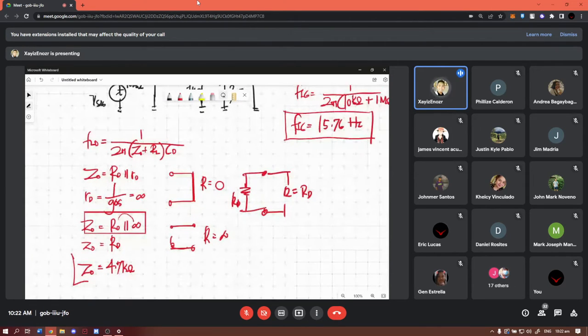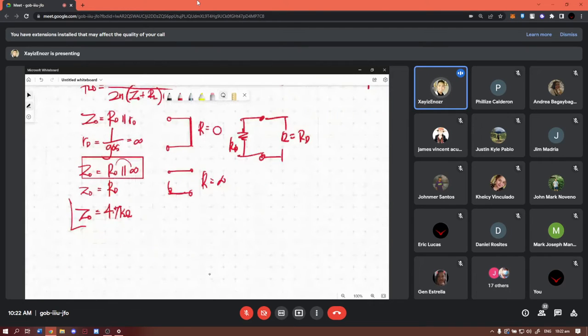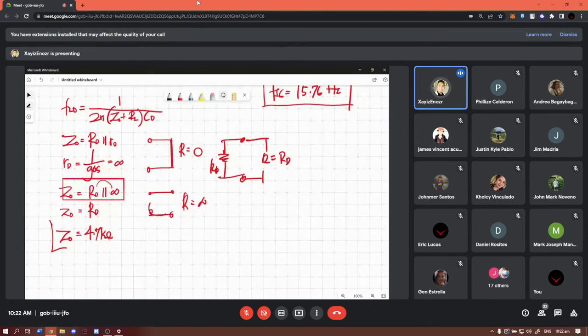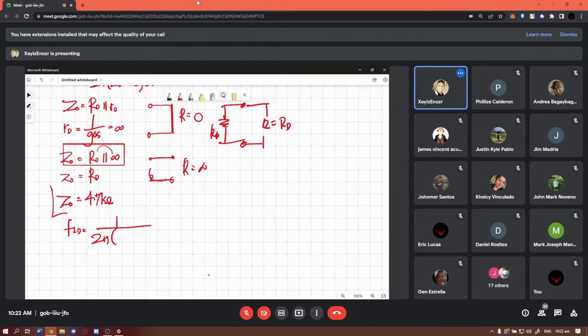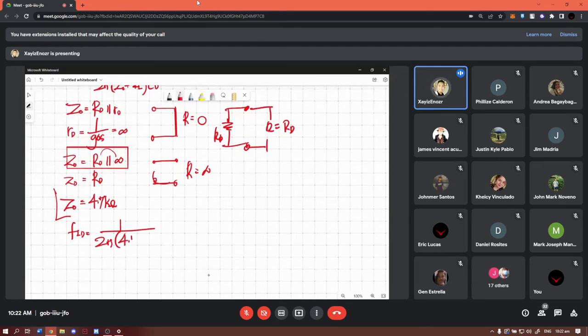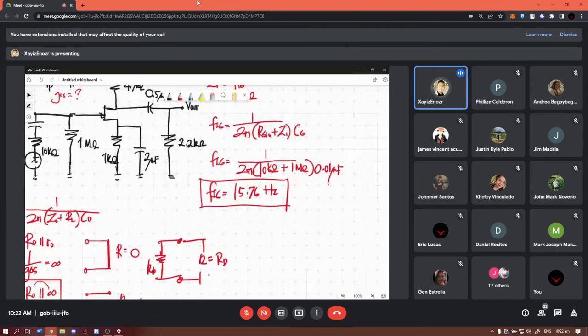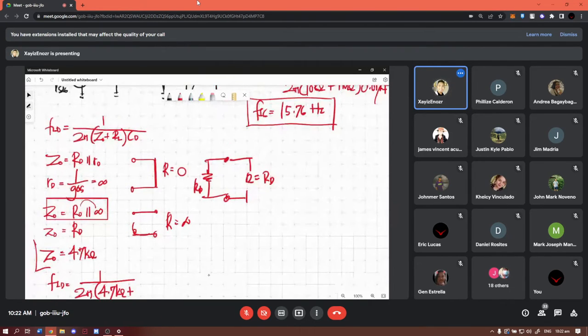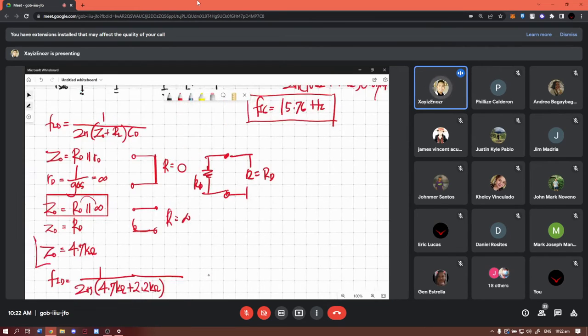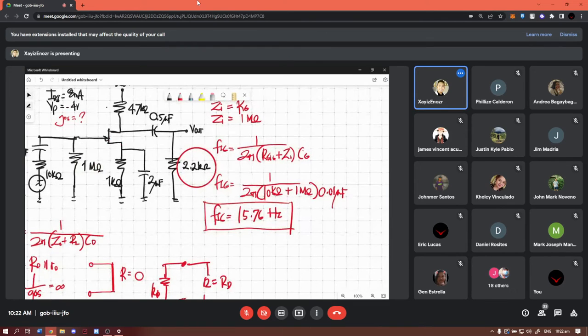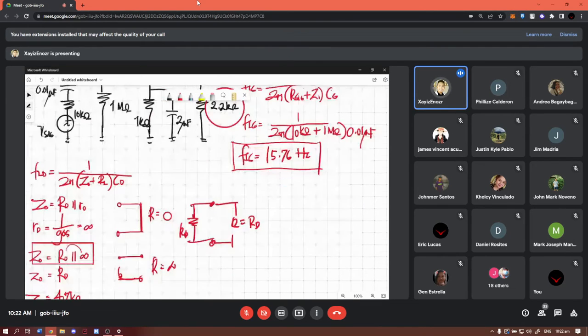So now, determined na yung RD, so we can determine yung ating low cutoff frequency sa ating drain. Okay, so we have FLD equals 1 over 2 pi, our Z out, RD is 4.7K, plus ang RL natin dito sa given is 2.2 kilo ohms, then CD, capacitor sa drain, is 0.5 microfarad.